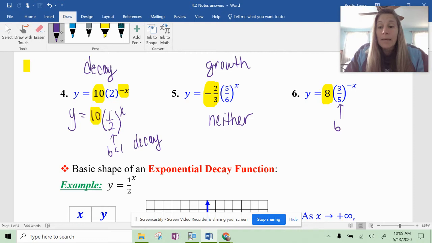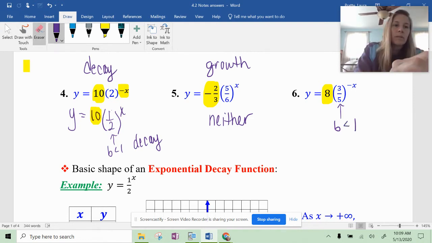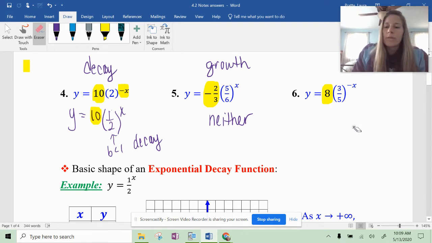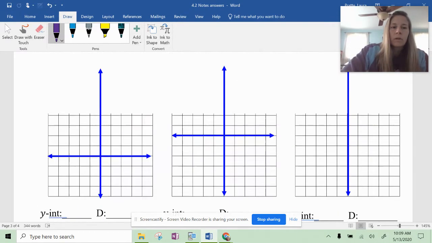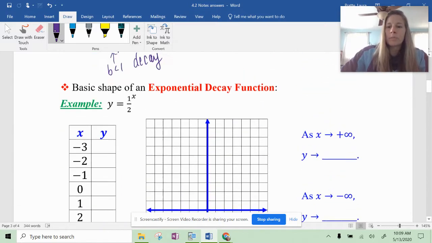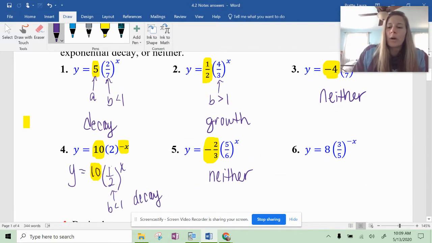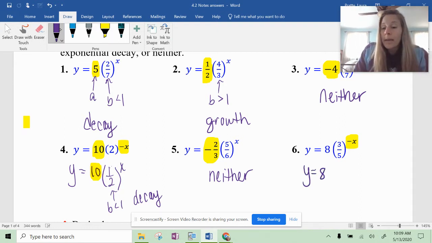My B is a decay factor this time because 3/5, oh wait a second, I missed something. Sorry about that. Again, we have this negative X here, so we have to get rid of that negative X. So we have 8 times, and if I flip my 3/5 into 5/3, now that X is positive.